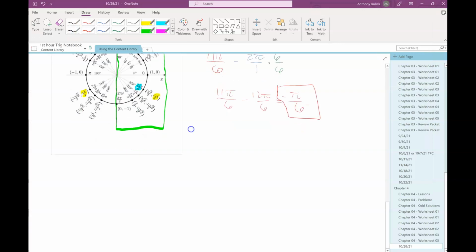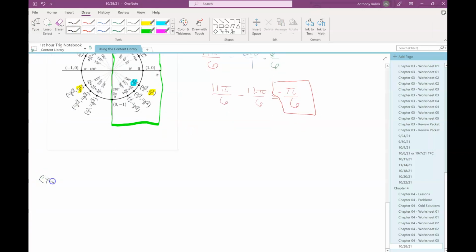So what if I ask us to solve sine theta equals -1/2, where theta needs to be between pi over 2 and 3 pi over 2?